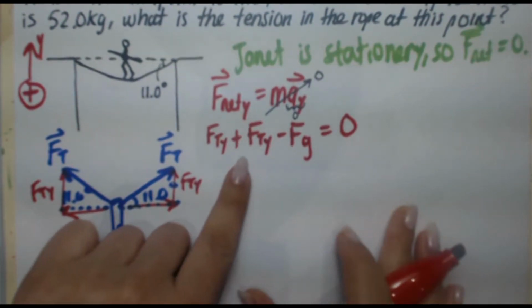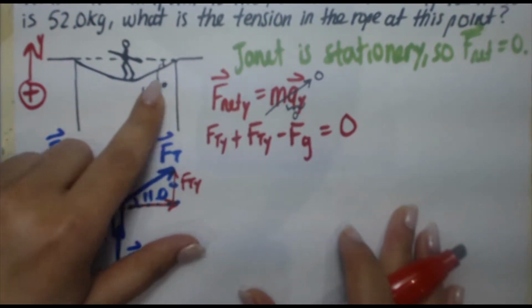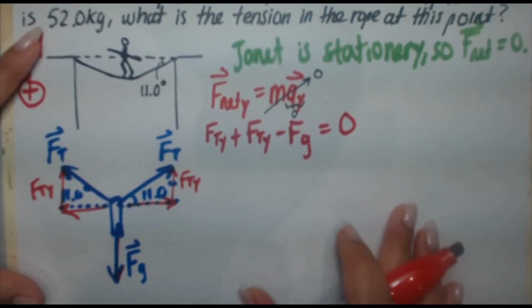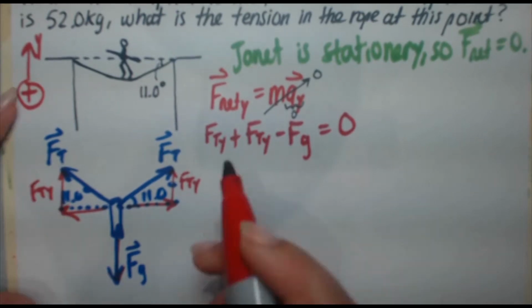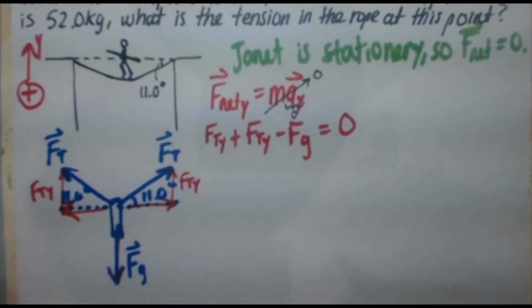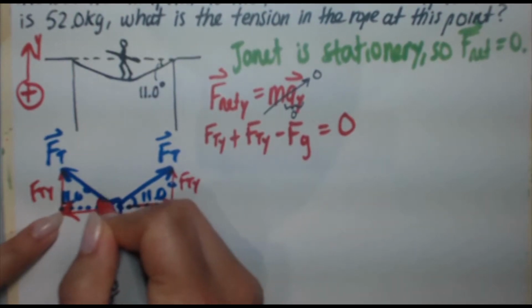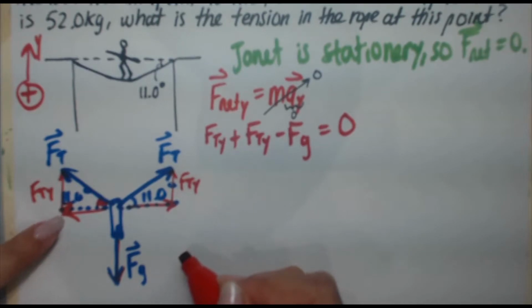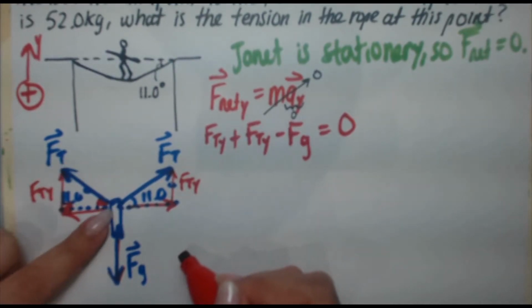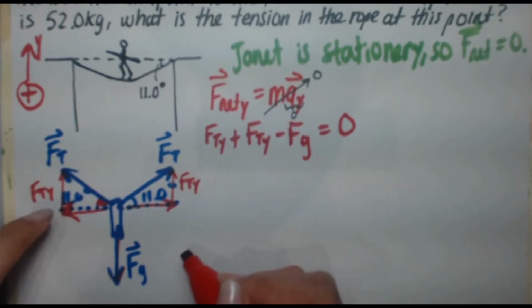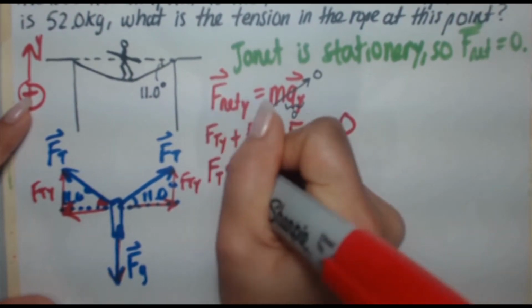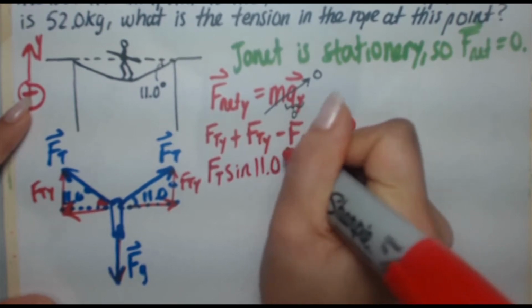The FTys are going to be the same because she's in the middle. It's the same rope, so it's got to be the same magnitude. Using SOHCAHTOA, we know this angle is 11 degrees and the hypotenuse is FT. So the y component must be the hypotenuse times the sine of the angle, since sine reflects the opposite side. So FTy is FT sine 11.0 degrees.